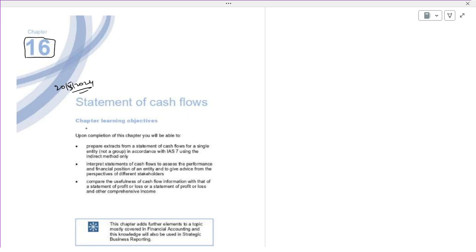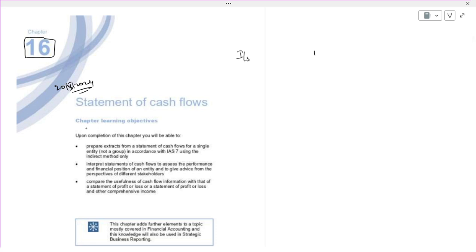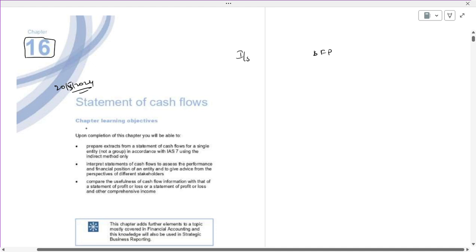See, very simple. You have the income statement and the statement of financial position. In the income statement, you will have income and expenses. You have something related to cash and something related to non-cash.